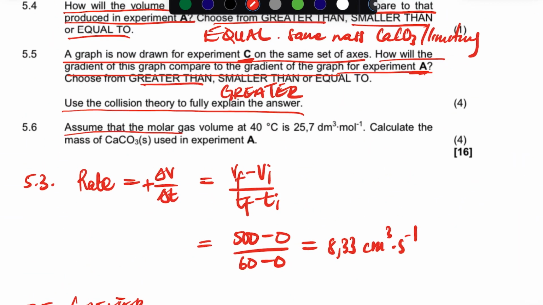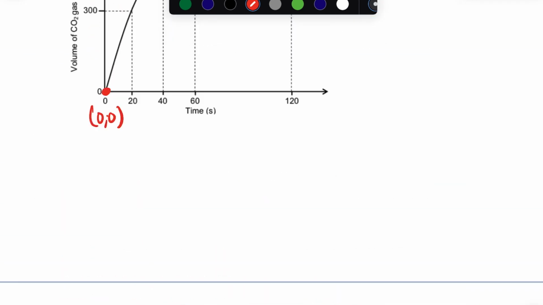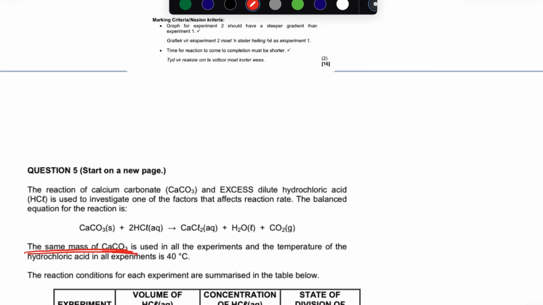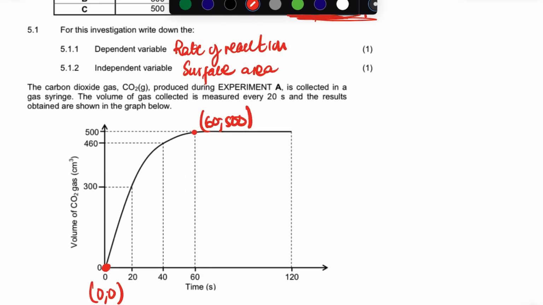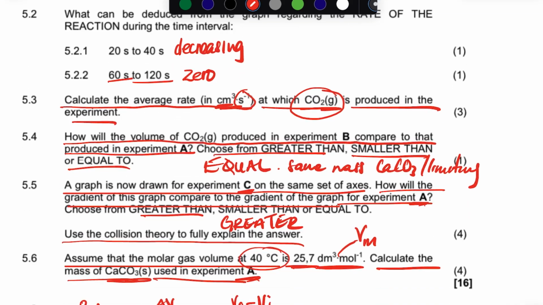It says assume that the molar gas volume at 40 degrees is 25.7 dm3. So this is the molar gas volume. Calculate the mass of calcium carbonate using experiment A. Let's look at the ratio. We have the volume of carbon dioxide, which is 500 cubic centimeters when the reaction reaches completion, and we are told that the volume is at molar gas volume.